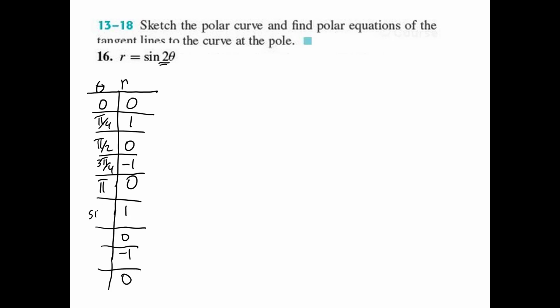And this is 5 pi over 4, 6 pi over 4, 3 pi over 2, and then 7 pi over 4, and then finally 8 pi over 4, which is 2 pi. Not 8 pi, 2 pi.